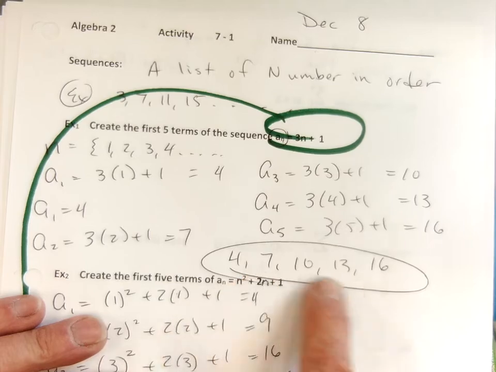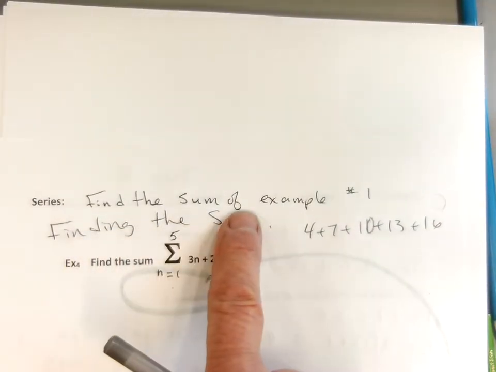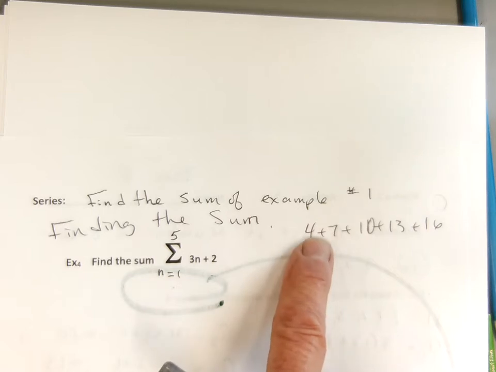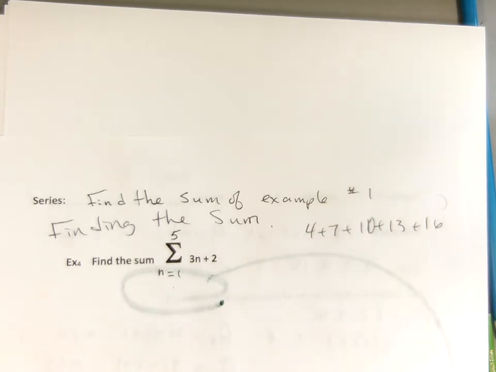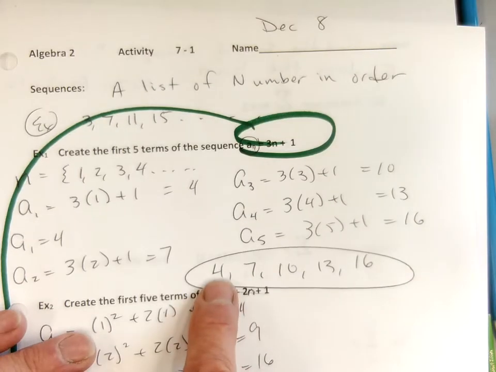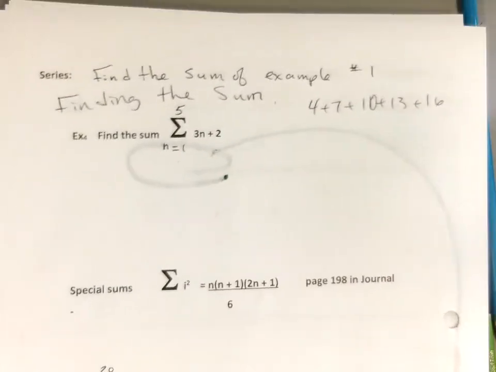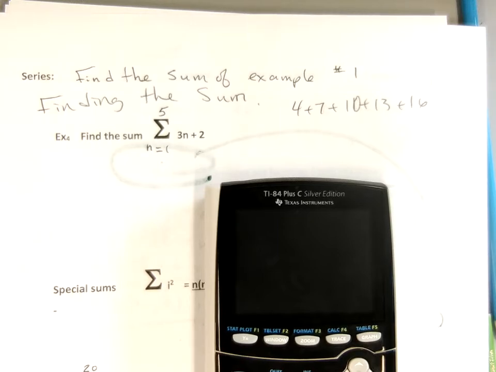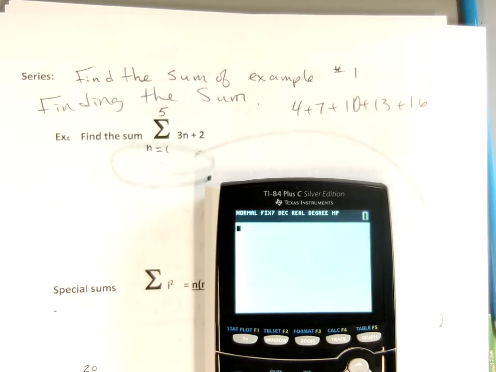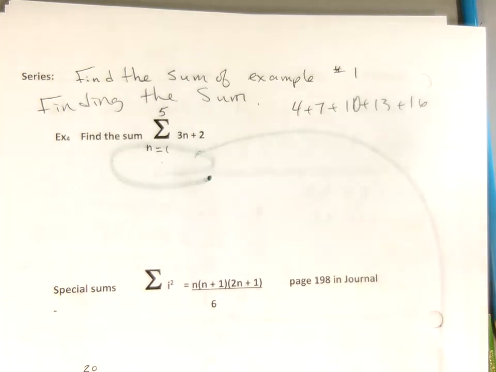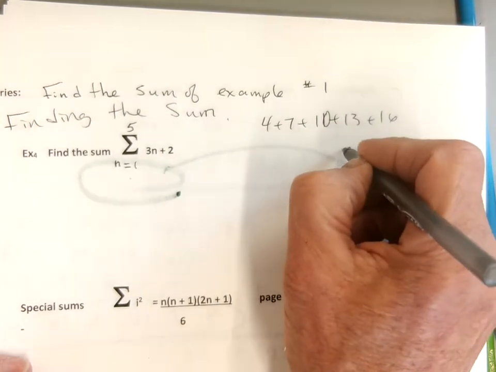The question says find the sum of example 1, so we take example 1 and add them all up. 4 plus 7 plus 10 plus 13 plus 16. So the sum is 50.